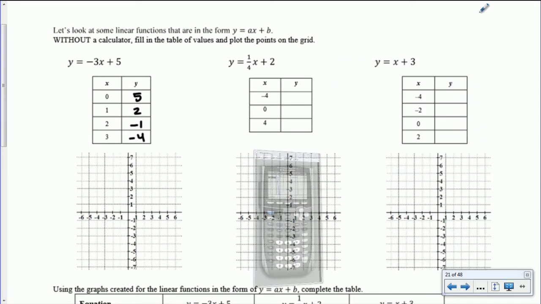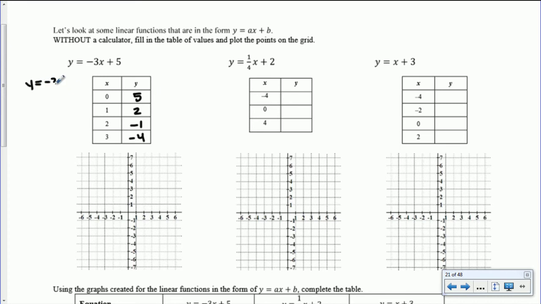Obviously not too tricky to do this by hand as well. When x is 0, y equals -3 times 0 plus 5. This first bit gives you 0, and then 0 plus 5 is 5. For x equals 1, -3 times 1 plus 5. This first term gives you -3, and then 5 subtract 3 is 2, and so on.